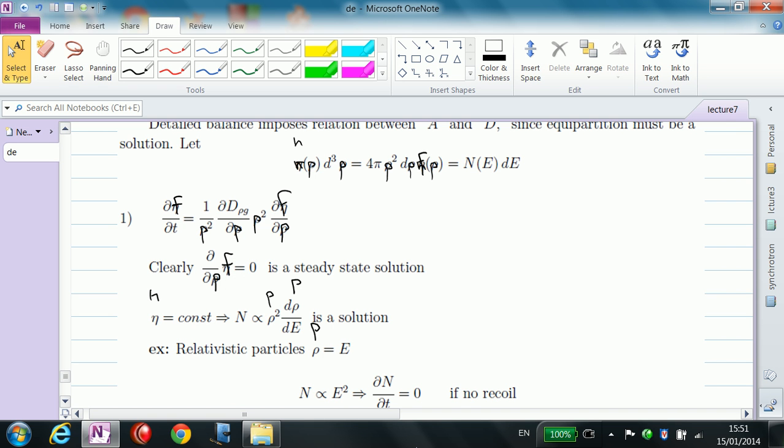when you write it that way, it's always df/dt equals, well, if it's isotropic, 1 over p squared d/dp of the diffusion in momentum, p squared D times df/dp.